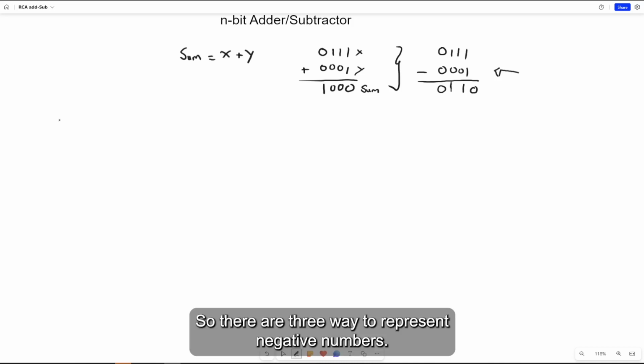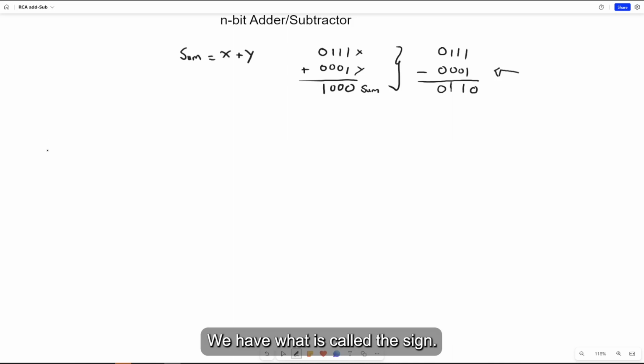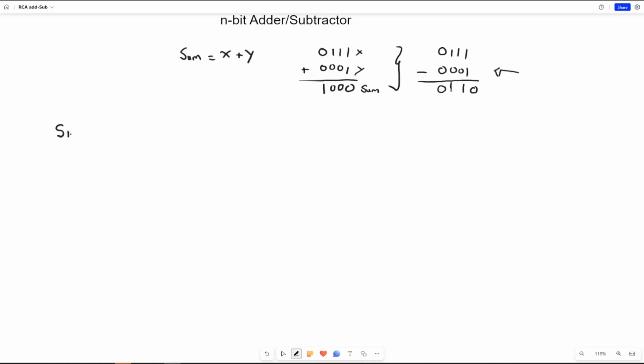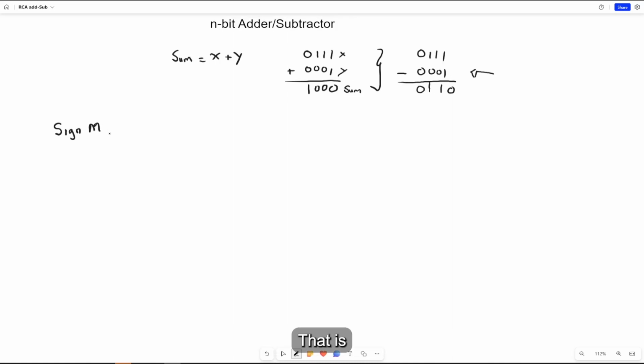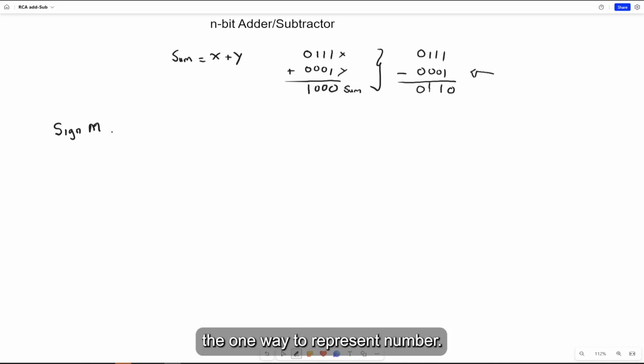We have what is called sign magnitude. That is one way to represent a number.